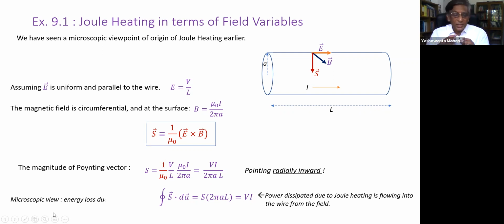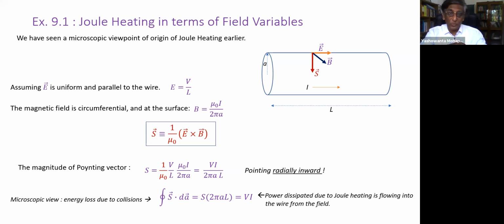So this is the consistency between the microscopic view, in which the heating energy lost was because of the electrons undergoing collisions, and every time they undergo collision they lose all the momentum they had gathered before the collision, and that energy is lost, and that we showed was the heating.